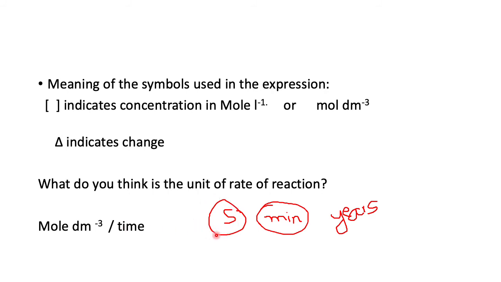Of course, if a reaction is taking place within a few seconds, it's a fast reaction. If it's taking place over a few minutes, it's a slower reaction compared to a reaction taking place in seconds. And what would you say about a reaction which is taking place over years? So for example, a radioactive decay. That is definitely a very slow process, right? Now, as I said, fast and slow are relative terms.